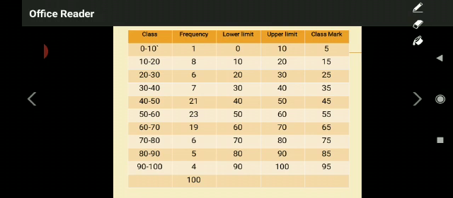Here in calculation, if you are collecting the observations, marks of students in the subject of mathematics, in the beginning the class limit is 0 to 10. If you are taking the students' marks between 0 to 10, if you are taking 10 also in that class, it does not appear in the second class limit.